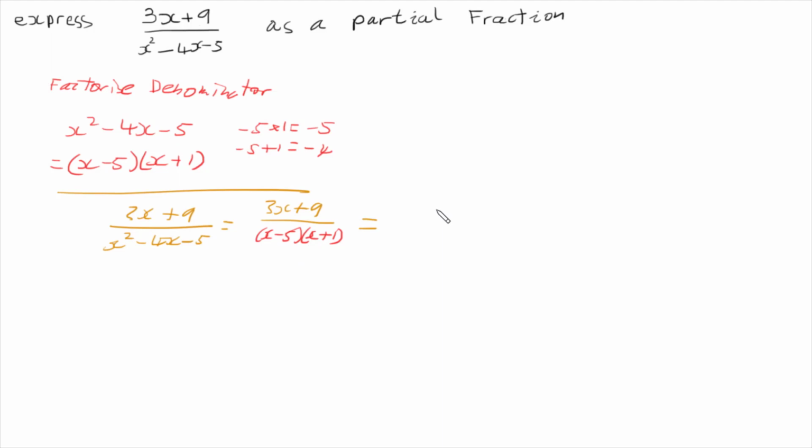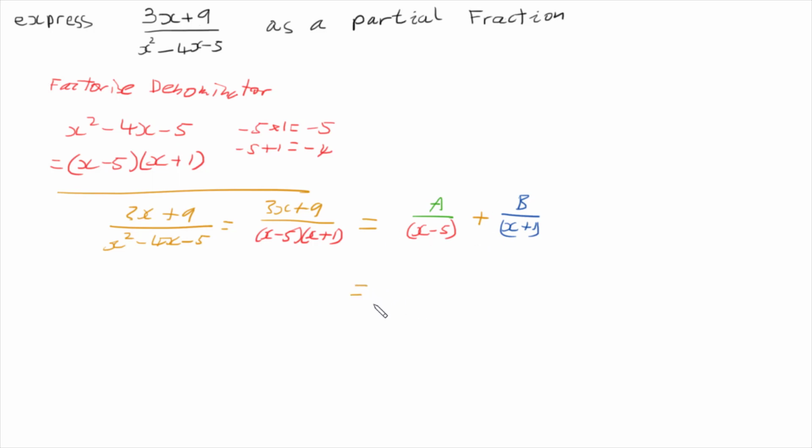So I assume that I've got some A over my first factor, x minus 5, plus some B over my other factor, x plus 1. So my assumption is that this fraction came from this addition. I just need to work out what A and B are. And to do that, I'm going to add these two fractions together and then equate the numerators.